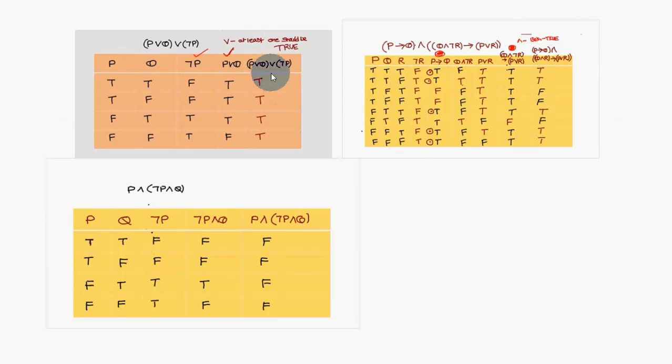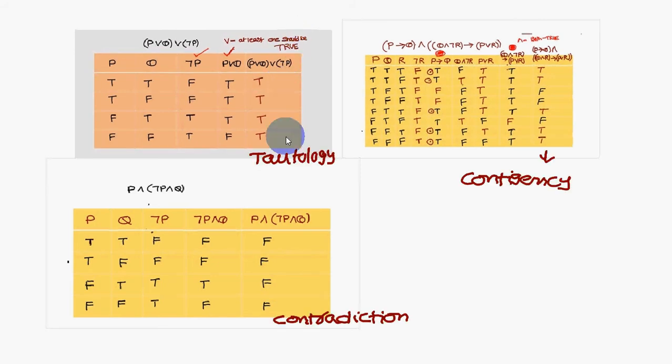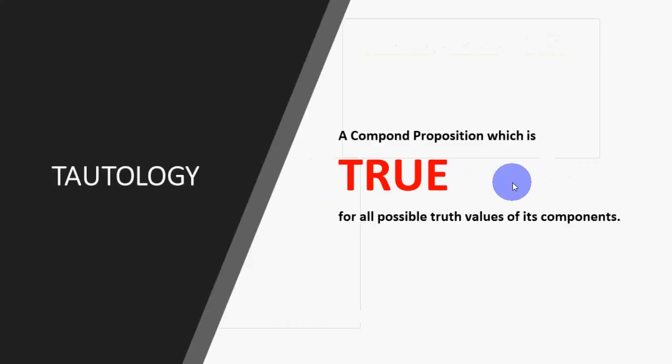All are true means tautology, all are false means contradiction, mixed of true and false is contingency. This you have to remember, these three terms.